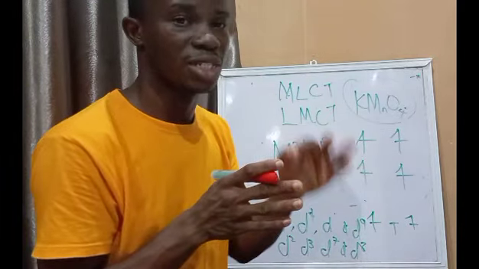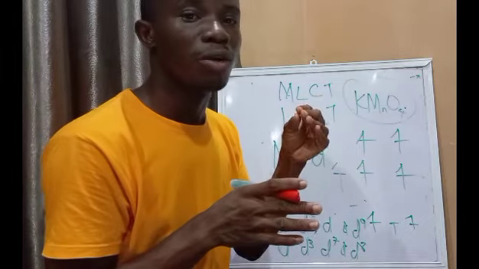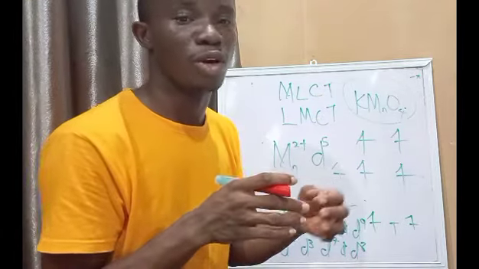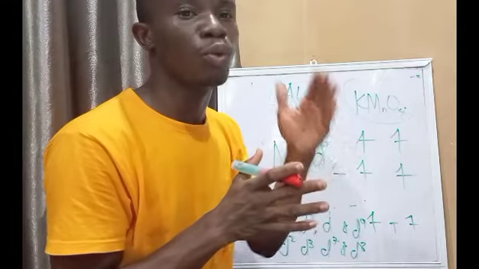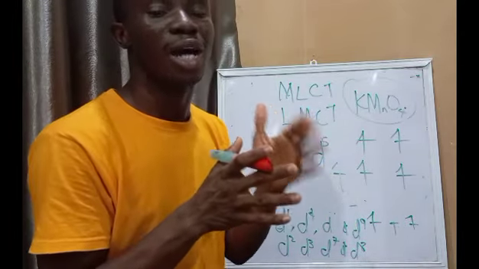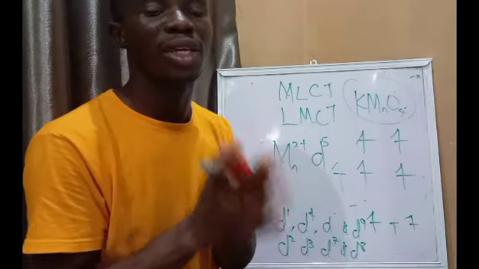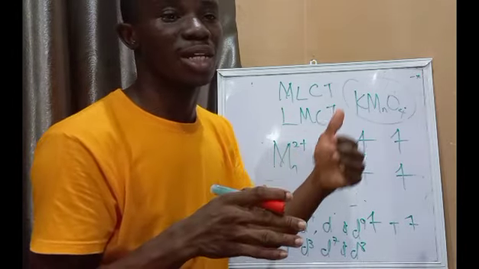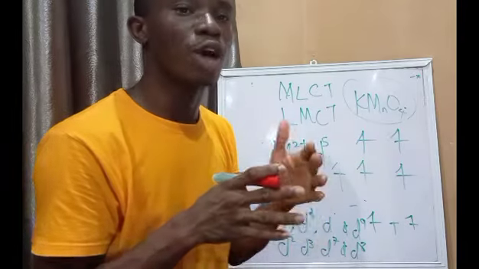I also said that for metals that are in an octahedral environment, some can give one absorption band in the visible region, and some can give three absorption bands in the visible region.